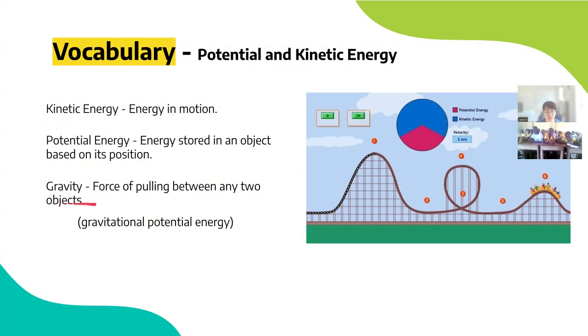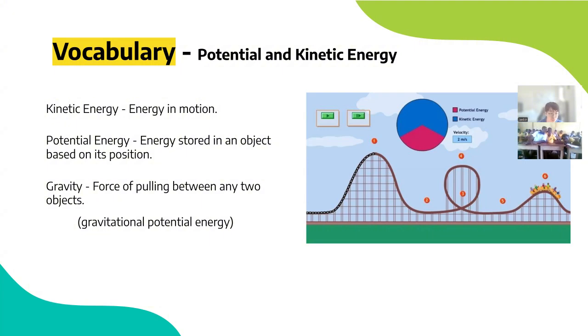And gravity is a closely related concept because it depends on position as well. Gravity is the force of pulling between any two objects, like how the Earth is pulling us down, as well as any other objects on Earth. We're all being pulled down.